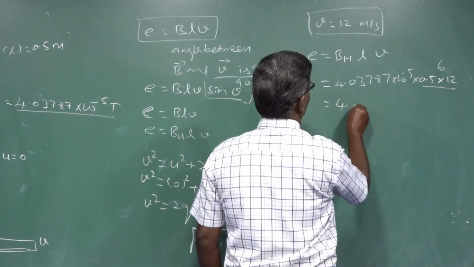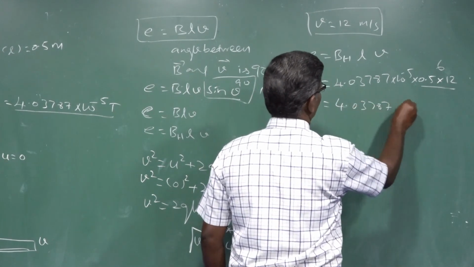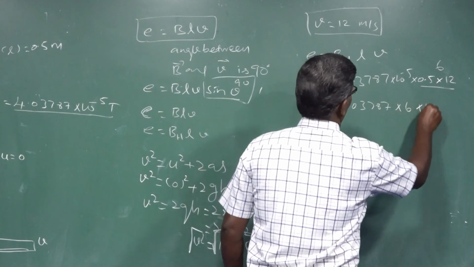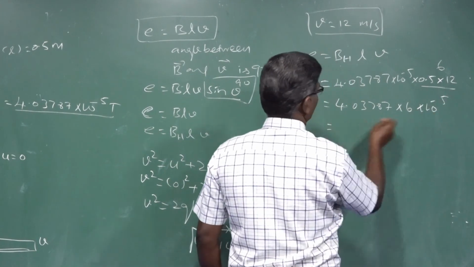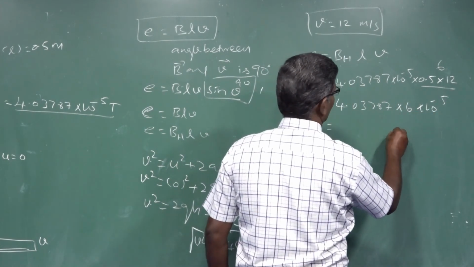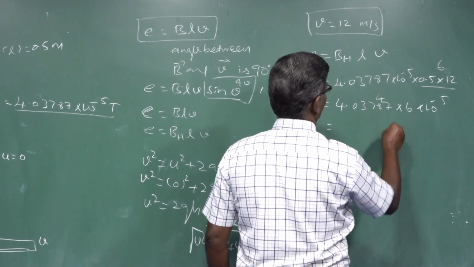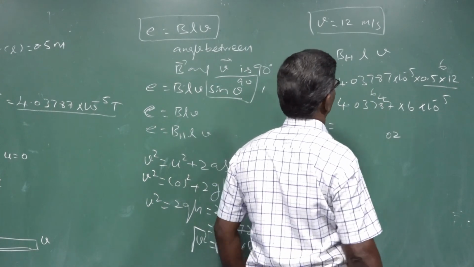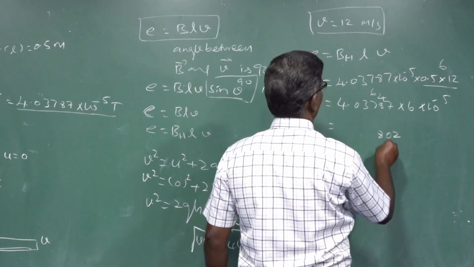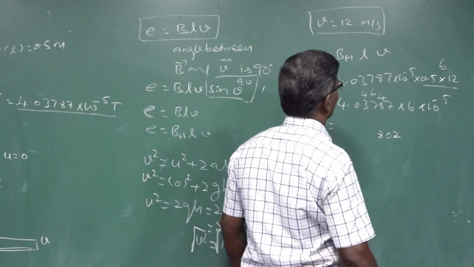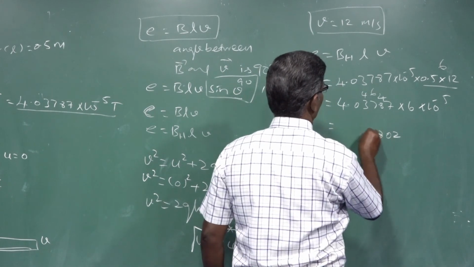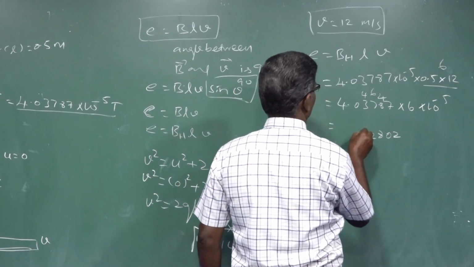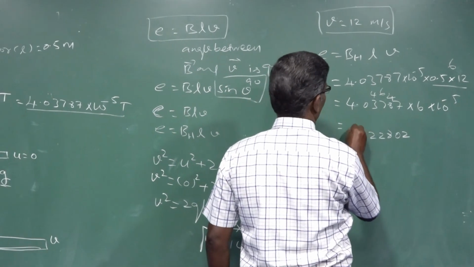So 4.03787 into 6 into 10 to the power minus 5. Multiplying that, we get 24.